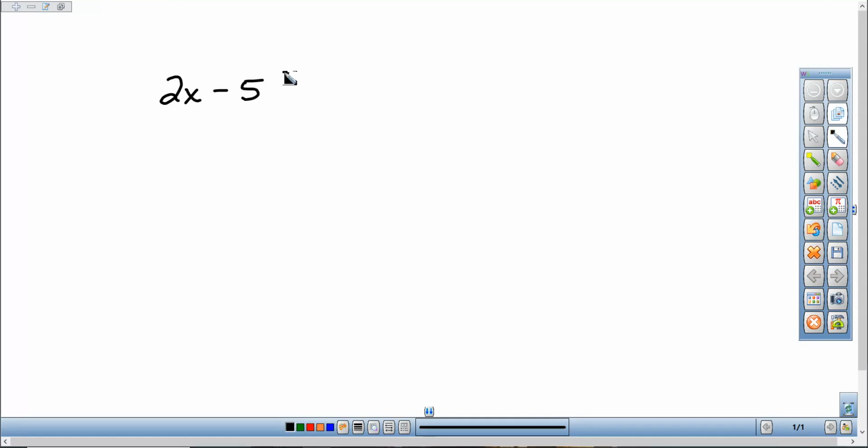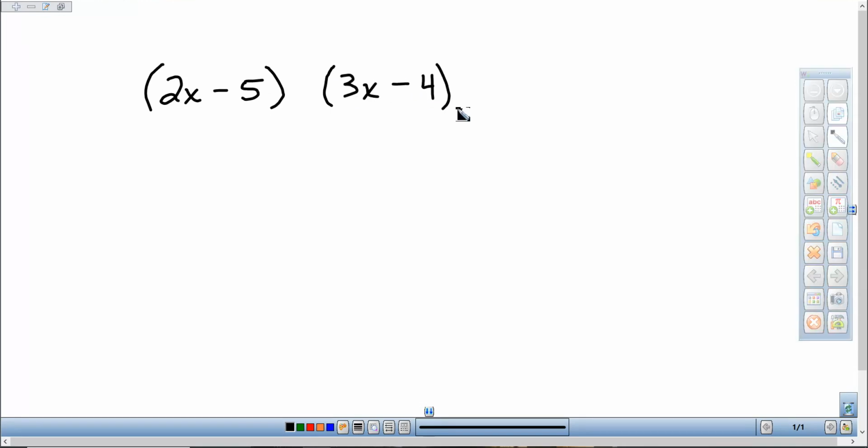If I take this binomial and I have a second binomial, and I have a plus sign in between, then my instructions are to add this binomial to this binomial.